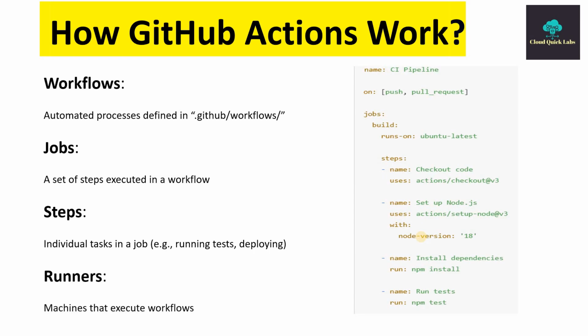Then the runner is, as I said, a machine that executes a workflow, and you have control over that, right? How do you control it? It could be a self-hosted machine, or it could be a Microsoft hosted machine. And GitHub is now owned by Microsoft, which is the reason I said hosted by Microsoft.